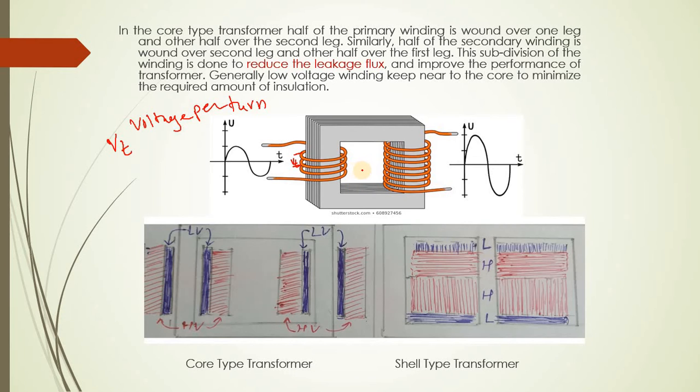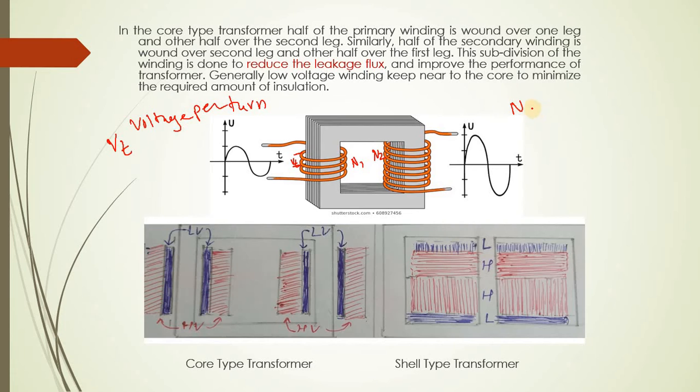So if we want to increase the voltage on the secondary side, we have to wind more number of turns on the secondary winding. Okay, so the secondary winding will have a larger number of winding turns. Here I will show it by N1 and this is N2.